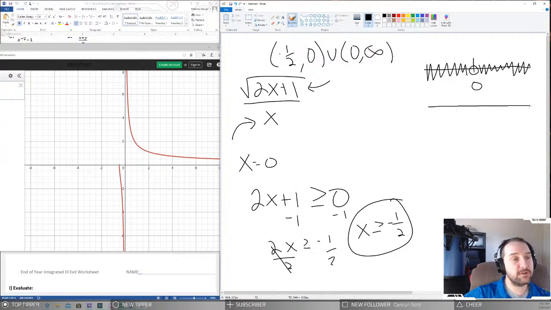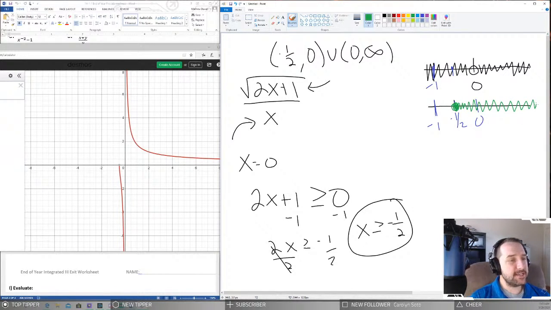I'm going to draw a separate number line, and then we're going to look at how those two things overlap simultaneously. So this right here is -1. This right here is -1/2. Here's 0. At -1/2, it's a closed circle since it's equal to, and it's everything greater than that.